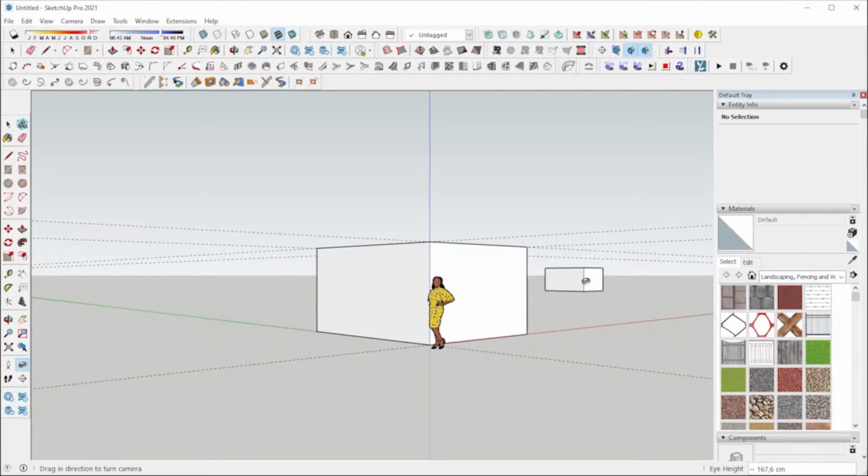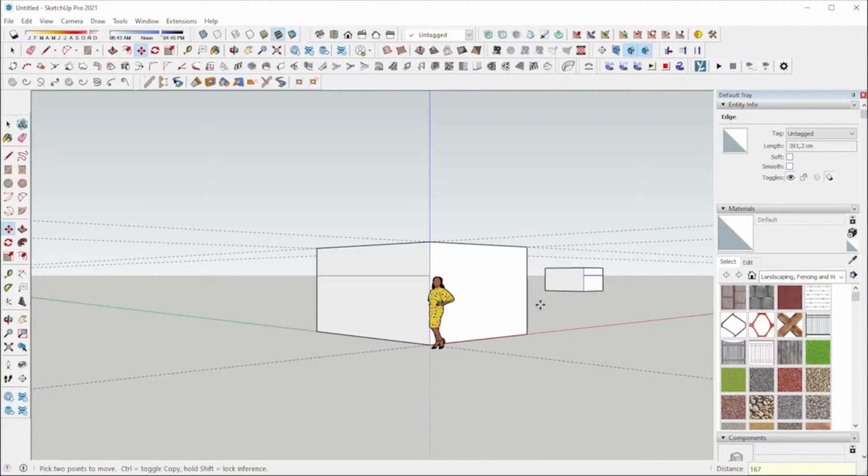And if I draw a line from the ground, if I copy this line upward for 167, it's showing the horizon line. Even if I do that there, it's the same, 167.